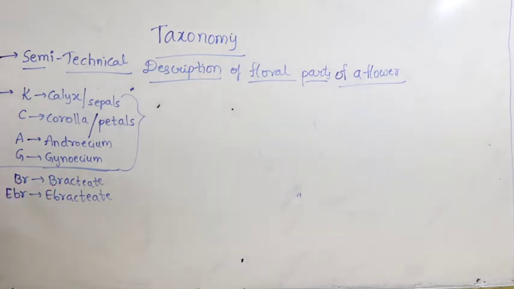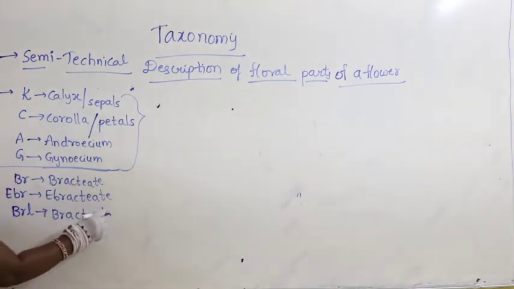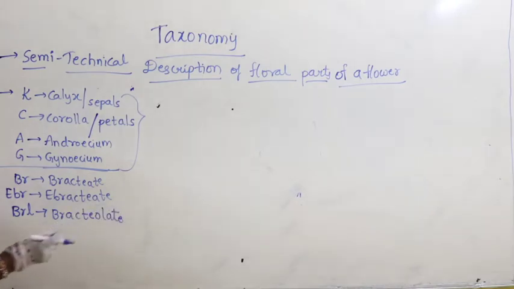EBR means E bracteate, that is flower without bract, right? Then as we discussed last class, BRL means bracteolate. Leaf-like structures which we find on the flower are called bracteoles, and if the bracteoles are present, it's called bracteolate, right?